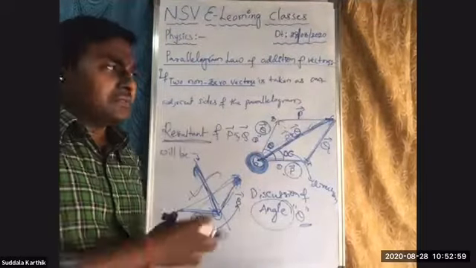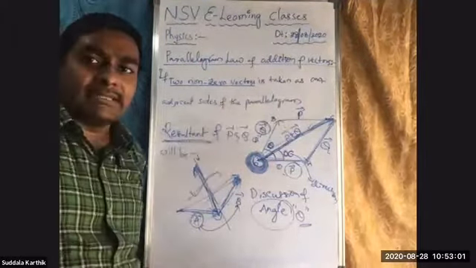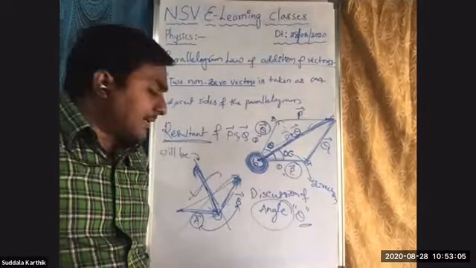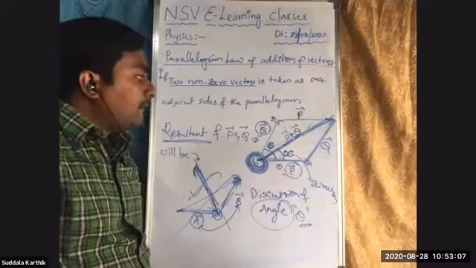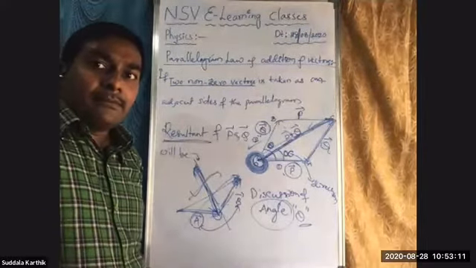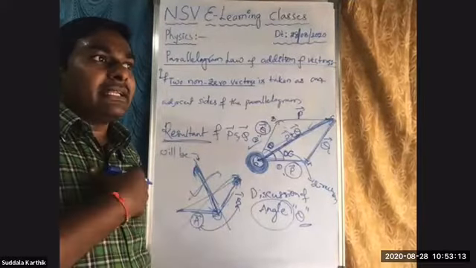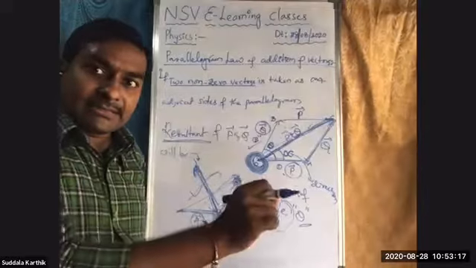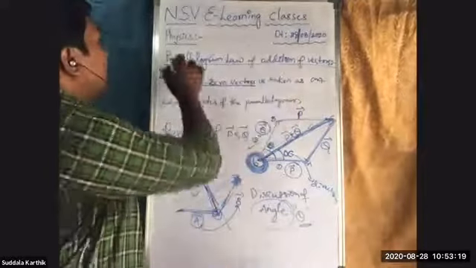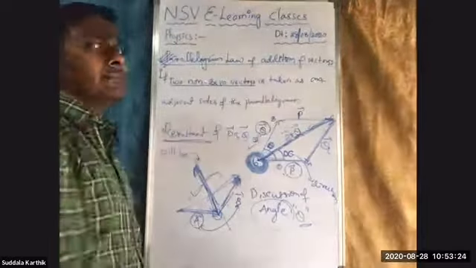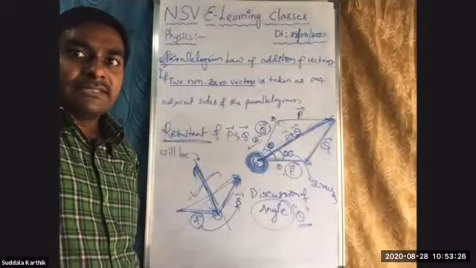In the second year also, we have to apply this concept in many cases. Very, very important concept: triangle law and parallelogram law. But always we have to use the parallelogram law. By using the parallelogram law only, we get results very easily. If you are using vectors, then the parallelogram law plays a very important role.